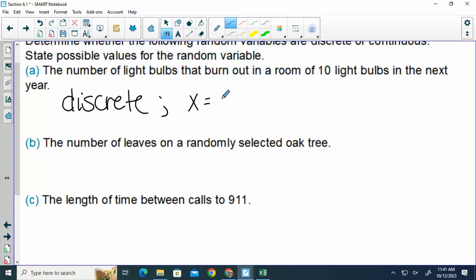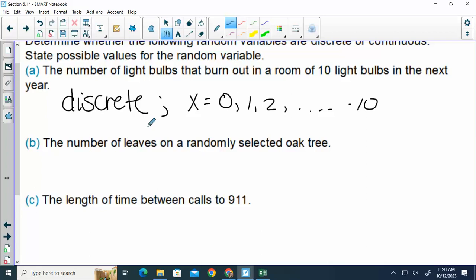What could I get at the end? 1, 2, 3, 4, 5, 6, 7, 8, 9, 10. And we're missing one option. 0. Right. It could be that none of them burn out, or 1 or 2 or 3, all the way up to 10. So there is a max on that one.